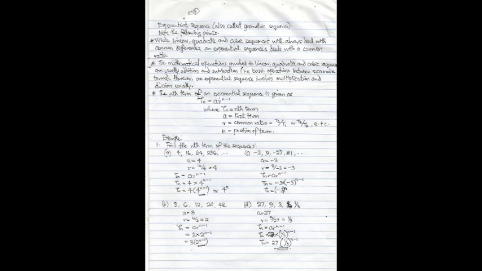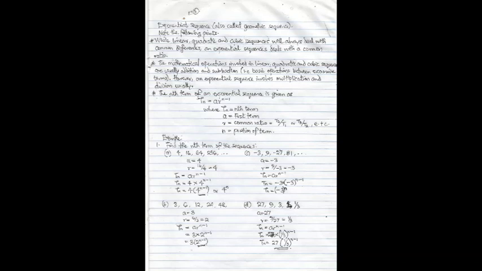For instance, the difference between 3 and say 6 is just 3, because that's 6 minus 3. However, an exponential sequence will always involve multiplication and division usually.